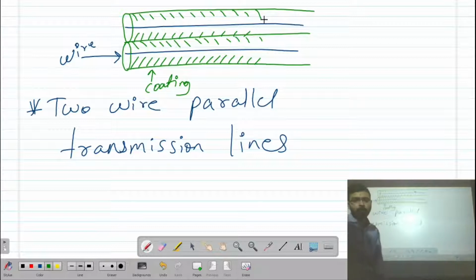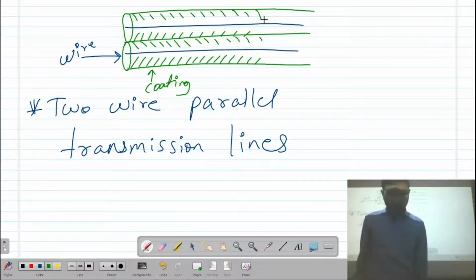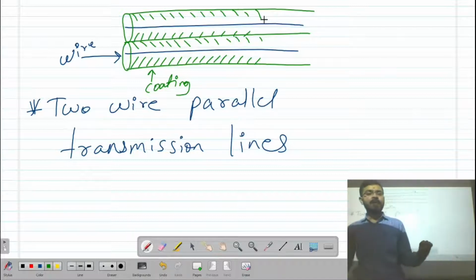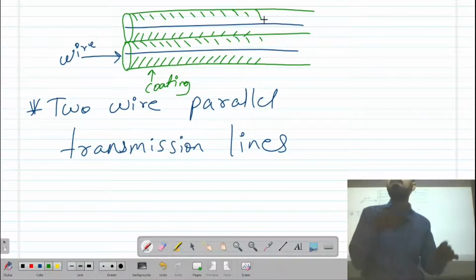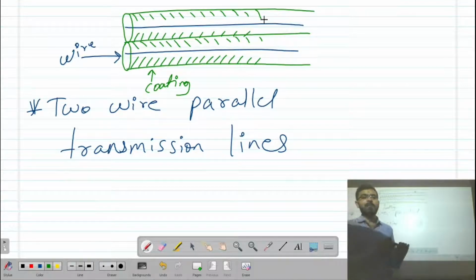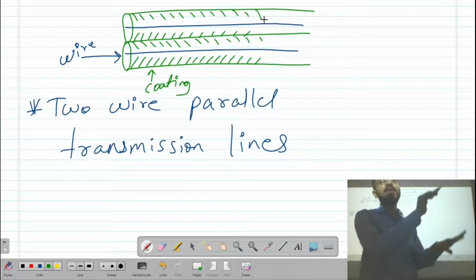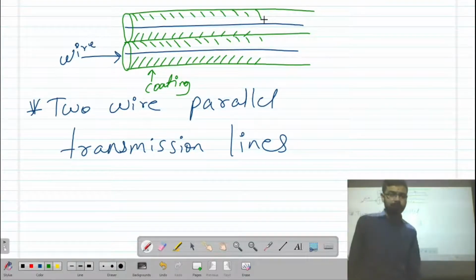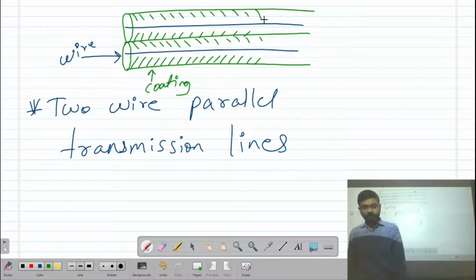This is the simplest form of transmission line, where a coating will be there and a metallic wire, where you might have seen a copper or aluminum wire. Normally you will see a copper wire inside with a coating. And those two wires will be traveling from one point to another point and one junction to another junction. This is the simplest form of two-wire transmission line, right?